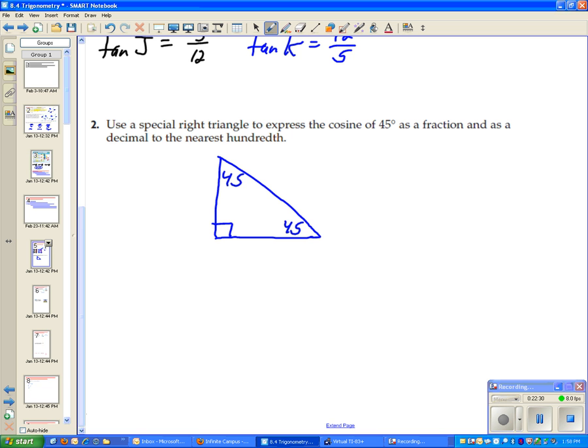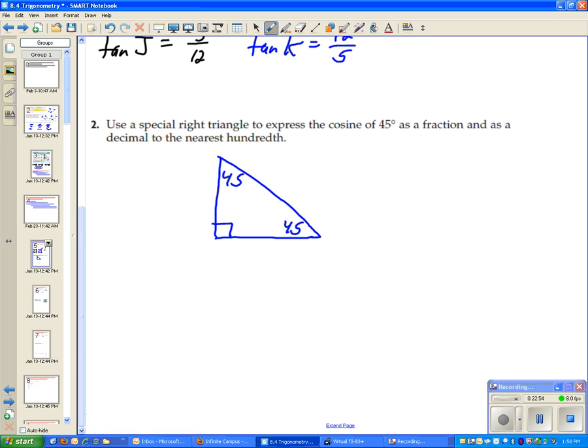So we draw that. Now, since I'm making this triangle, I can make the lengths anything I want within certain parameters. The legs have to be equal, don't they, in a 45, 45, 90. And the hypotenuse has to equal the leg times the square root of 2. So I get to make up what I want the length of the legs to be.